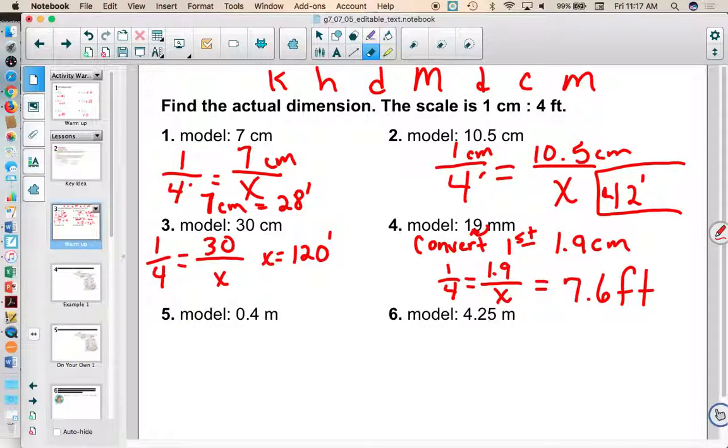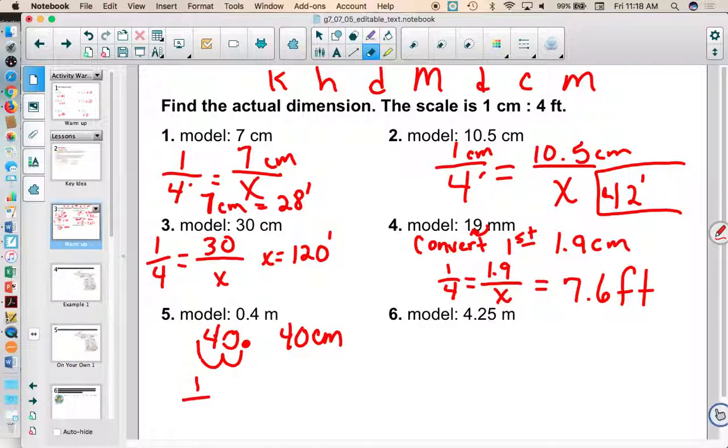1 meter equals 100 centimeters. So I've got to multiply 0.4 times 100, or move my decimal over 2 places. And that's what you were talking about too, wasn't it, Mr. Gabriel? I've got to move the decimal over 2 places, so that's actually 40 centimeters.